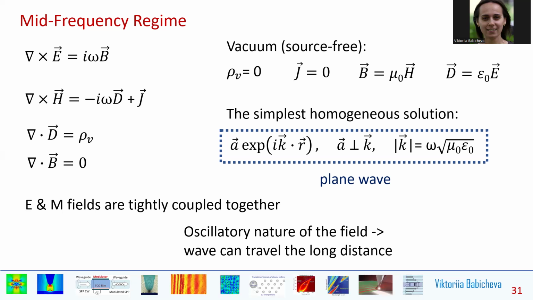The oscillatory nature of the field in this regime also prevents methods such as multigrid and wavelet methods from being applied in this regime, because the solution is not infinitely smooth.